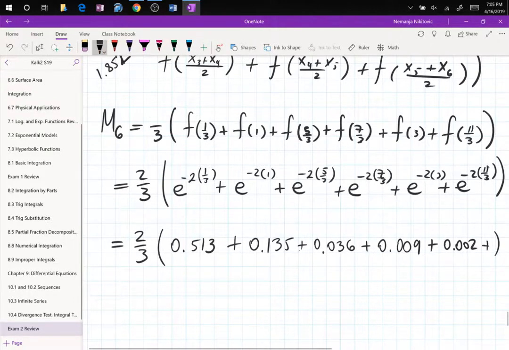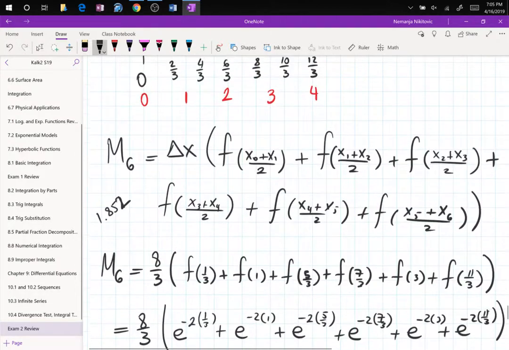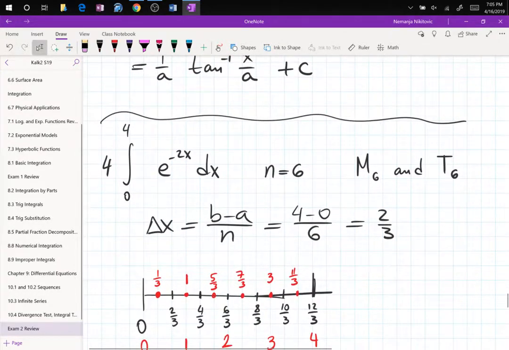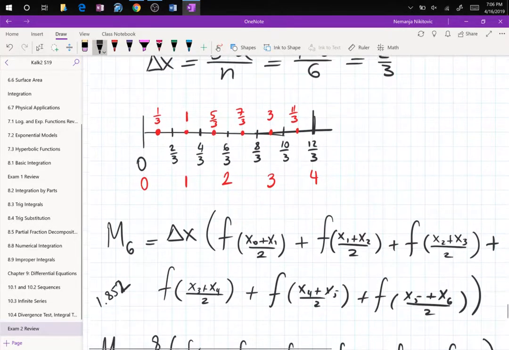All right. You know what? I'm going to change this into 8 because we know that we need to multiply by 4. Why did you change it to 8? Because there is a 4 in the integral. Oh, I see. Yeah. So 4 times delta x is 2/3 times 4 is 8/3. That's why.